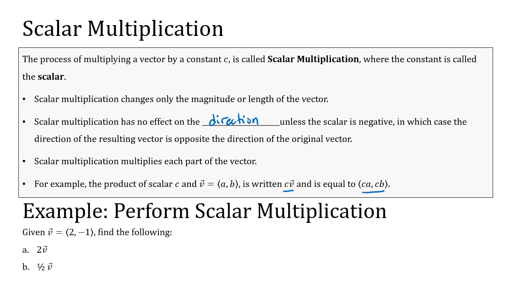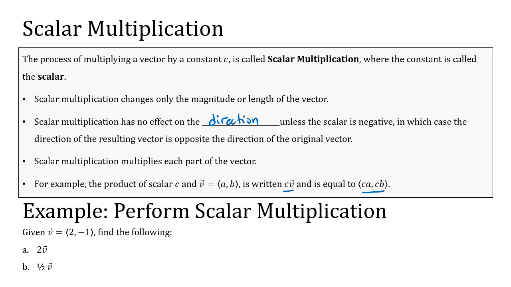Let's take a look at an example. This example says that we're given the position vector 2, negative 1, and we're being asked to find the following. For part A, we're being asked to find 2 times vector v. Another way of thinking about that is we're being asked to calculate double vector v.